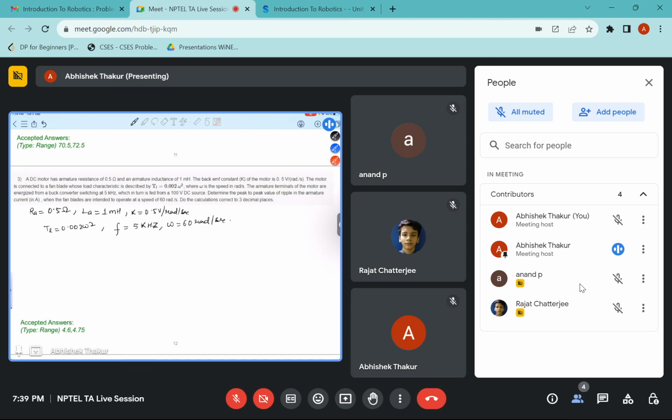After that we have to determine the peak to peak value of ripple in the armature current in ampere when the fan blades are intended to operate at a speed of 60 radian per second, that is omega.